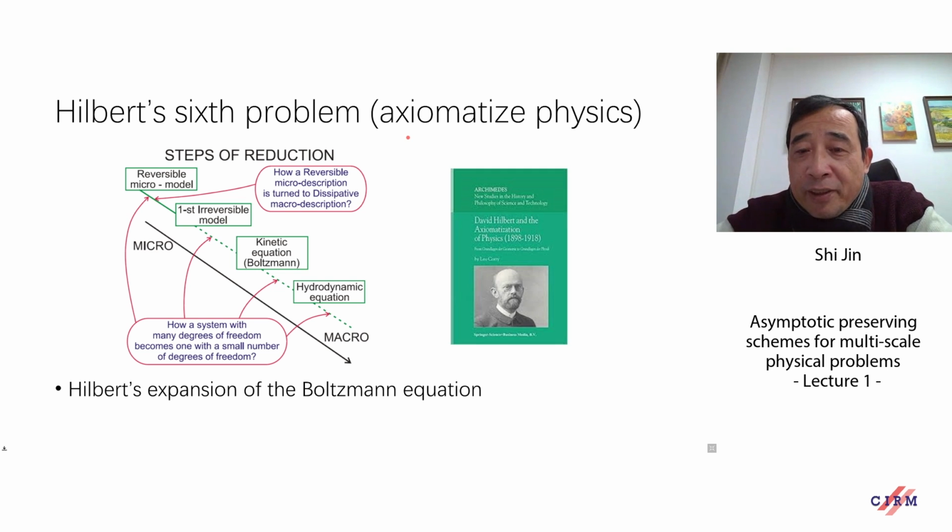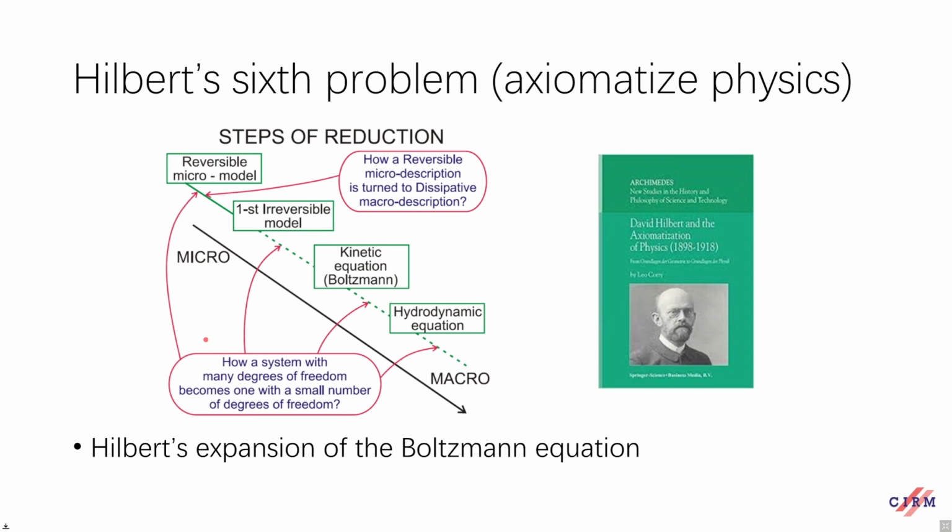So you want to understand the transition from microscopic physics to macroscopic physics. At the microscopic level, as I said, it's a system with many degrees of freedom. But at the macroscopic level, like hydrodynamics, there are a much smaller number of degrees of freedom. So how can a system with many degrees of freedom eventually come down to a system with a small number of degrees of freedom?